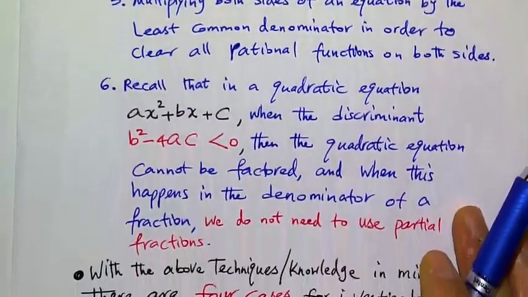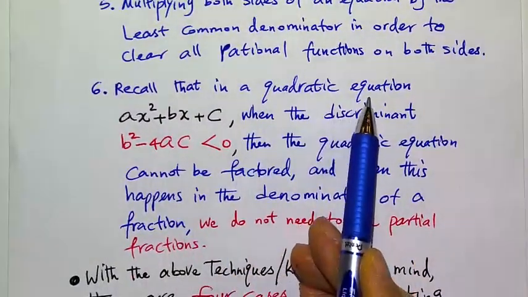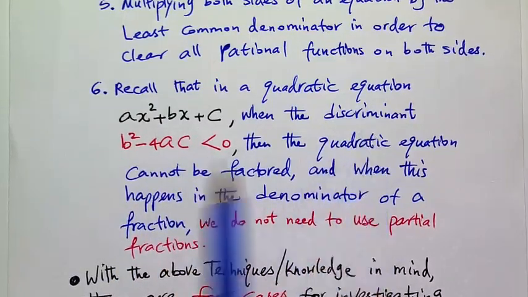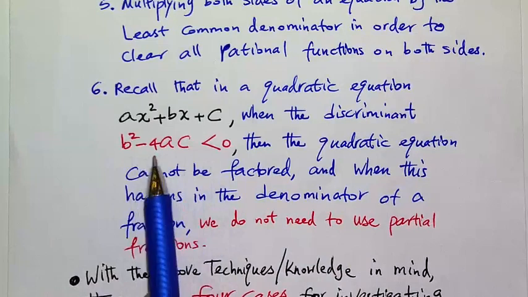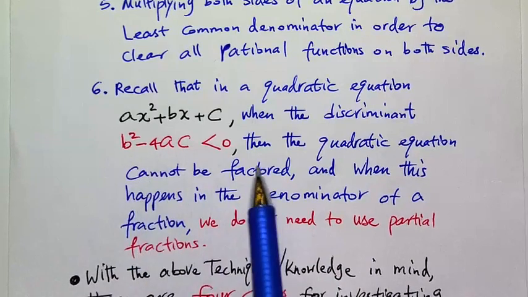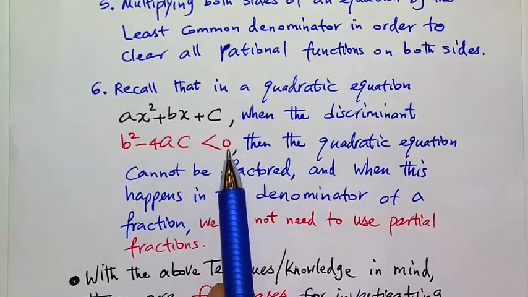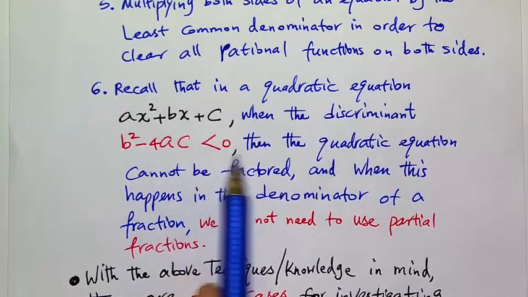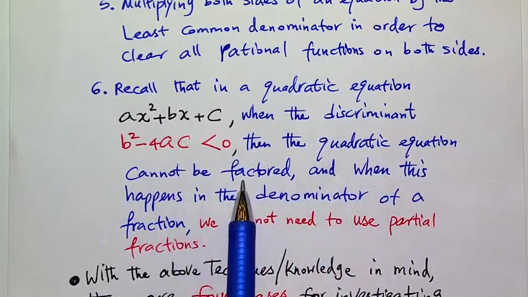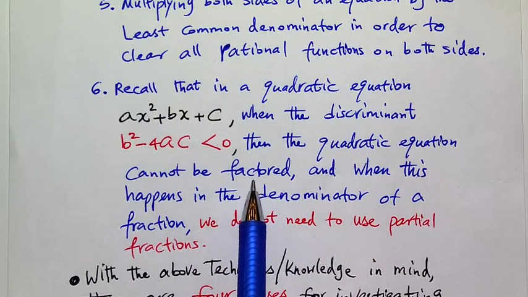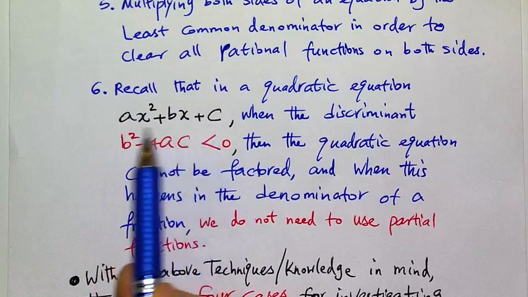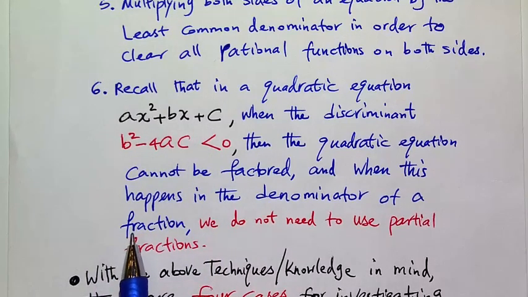And number 6, recall that in a quadratic equation, which has this form, when the discriminant is less than 0, then the quadratic equation cannot be factored. That's how we can predict whether we have a factorization of the quadratic function or not.